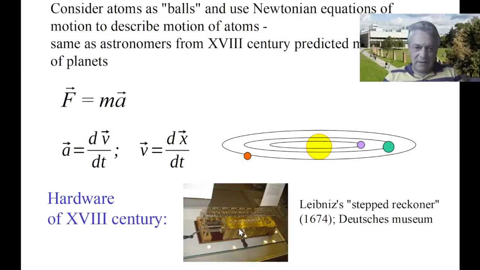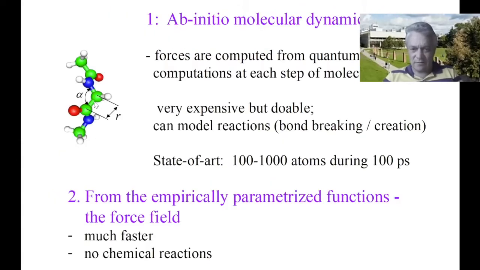As for the Newtonian equation of motion, we think that if we have the atomistic molecular level, then we can use the classical approximation. We don't need to go to quantum. But the question is how to compute forces between atoms, because this has some uncertainty. The forces can be computed from a quantum mechanical computation, but then we need to do the computation at each step of molecular dynamics.